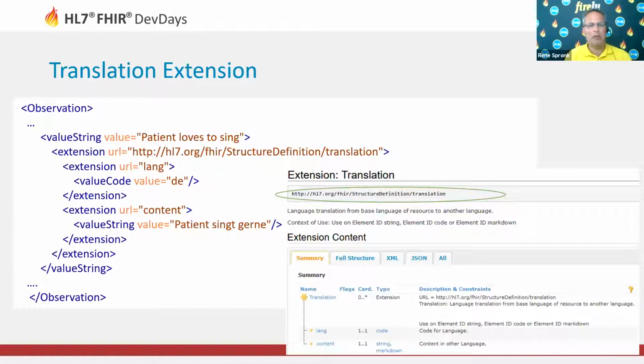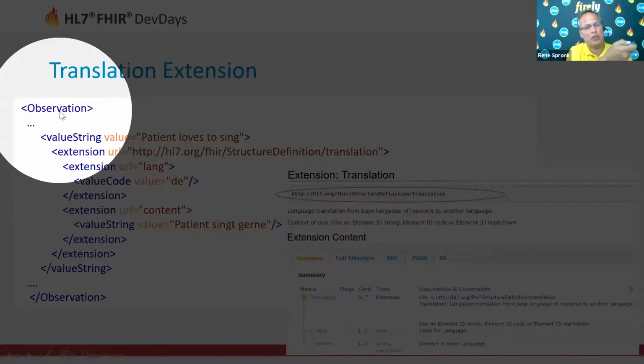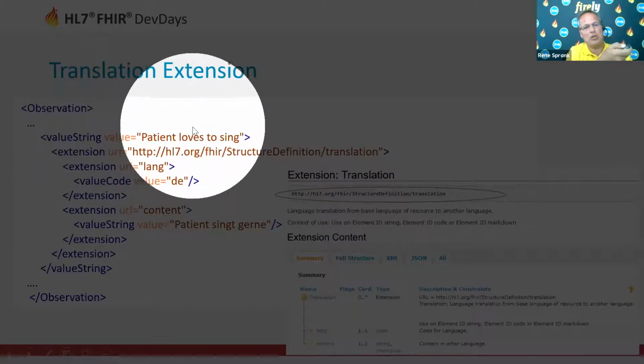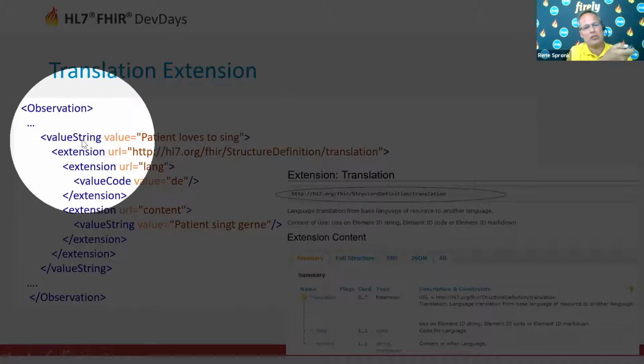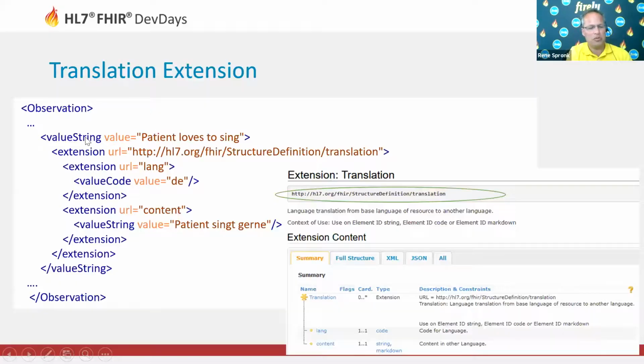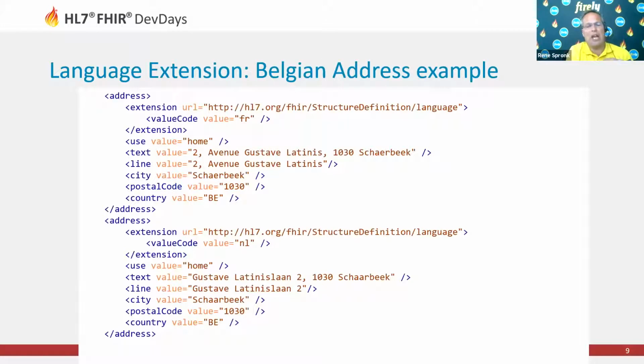So here we have an example of a value that is observed, observation value string, patient loves to sing, and let's say we wish to translate this into German. Well, this value string, that's not a repeating structure. So I cannot use the trick that we had on the addresses, that I will just add another address in a different language.